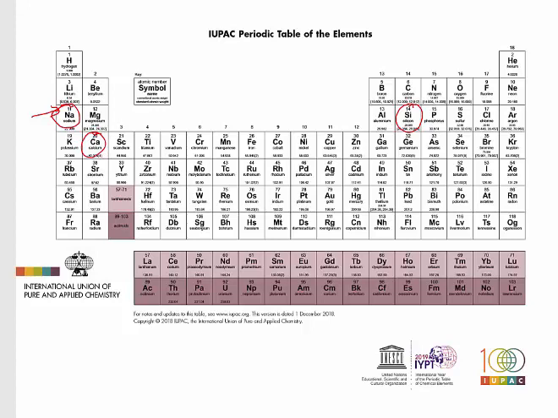Now, let us take a look at the atoms that I have indicated again. Remember, the number of protons in an atom must be equal to the number of electrons, because atoms are neutral. Which means that if sodium has 11 protons, then sodium also has 11 electrons.